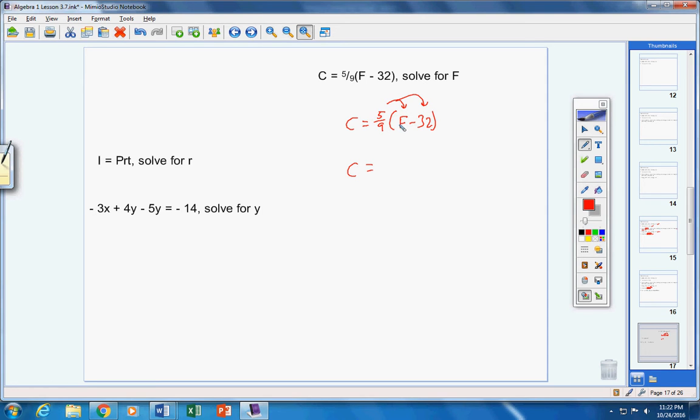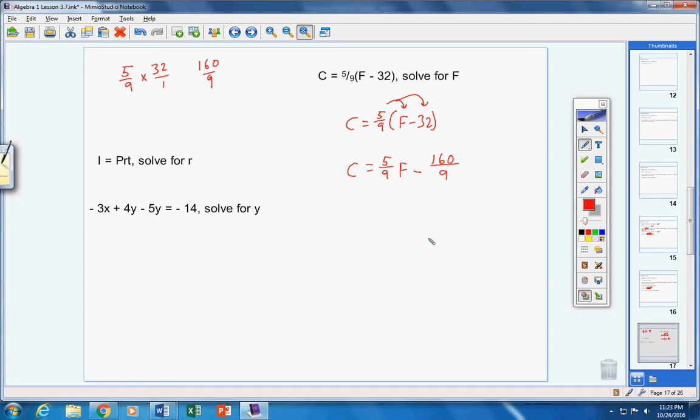Positive times a positive is positive. 5/9 times F is 5/9 F. Positive times a negative is negative. 5/9 times 32 is 160 over 9. How did I get that? Well, 5/9 times 32 over 1. 9 times 1 is 9. 5 times 32 is 160. Okay, so there we go.